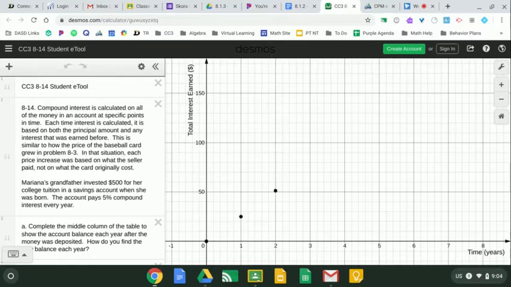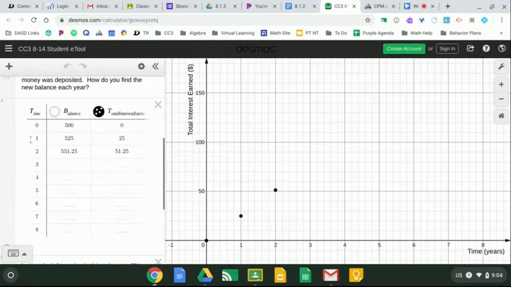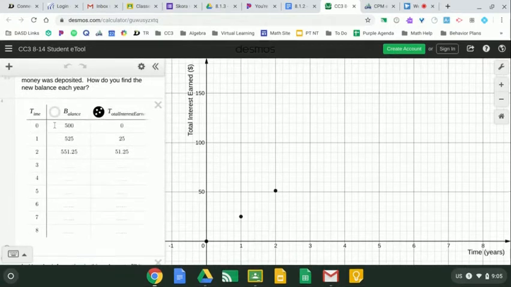So let's get started. You already heard about Mariana's story with her grandfather saving her some money for college. So let's dig into that table that is here in Desmos. Starting with her initial value, it's $500 and she has zero total interest.